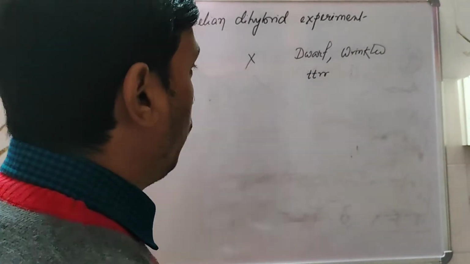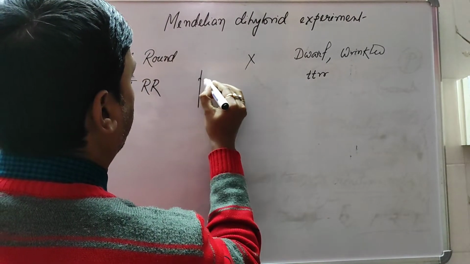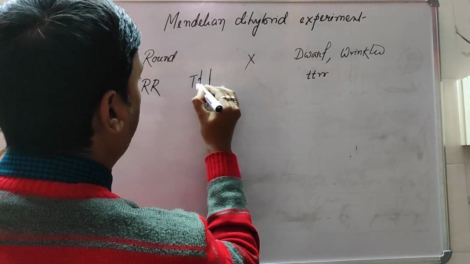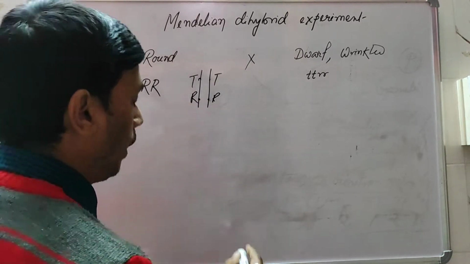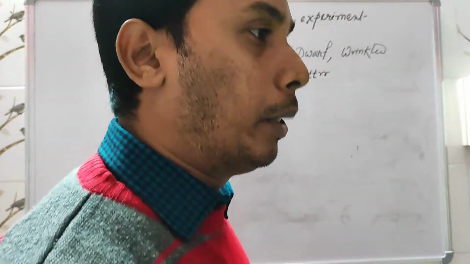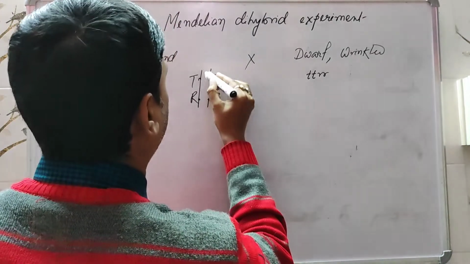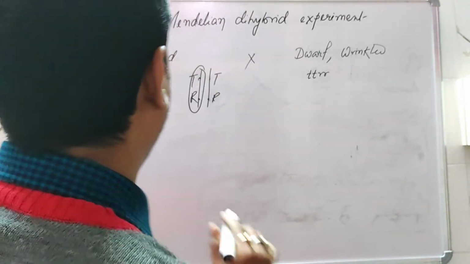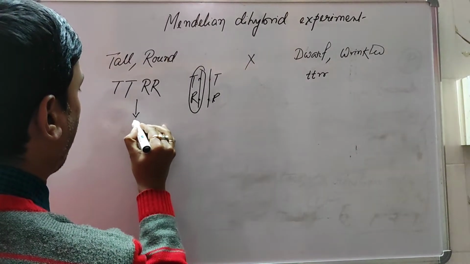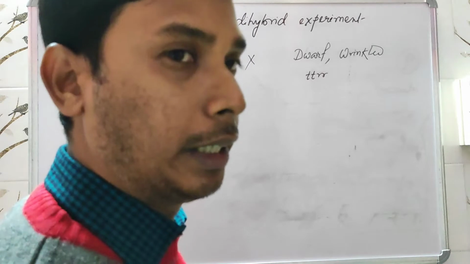Now I have to segregate the gametes. If we observe the feature which I have drawn here, capital T, capital R, and as you all know, in the gamete a single set of chromosomes is transferred. Suppose this particular portion is transferred to the gamete. That means we get capital T, capital R, indicating the gamete.